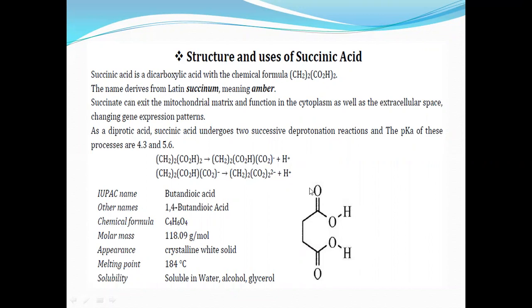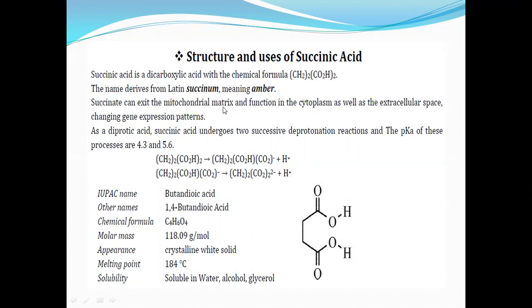The name succinic acid is derived from the word succinium, the meaning of which is amber. Succinic acid exists in the mitochondrial matrix during the Krebs cycle.